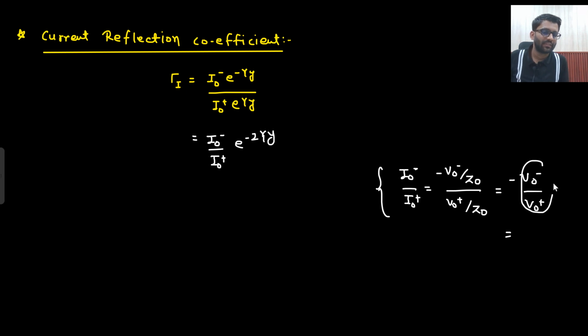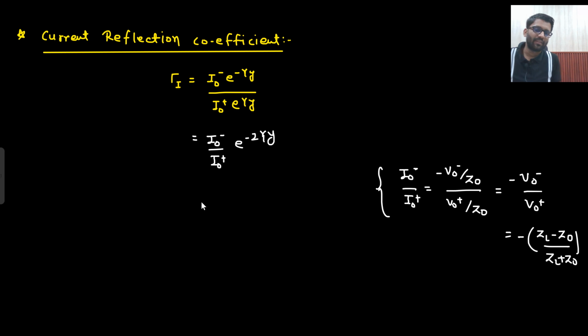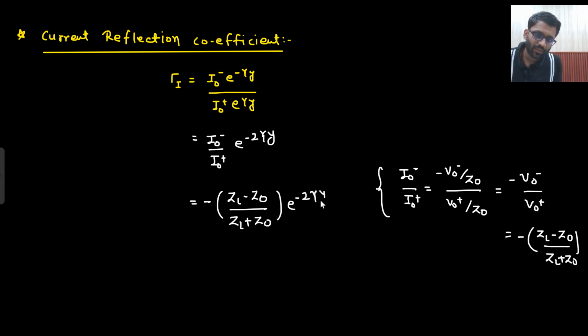This is ZL minus Z0 upon ZL plus Z0. Basically the same thing I am going to put here. So I0 minus divided by I0 plus is equal to minus of ZL minus Z0 upon ZL plus Z0 e to the power minus 2 gamma y, and that is equal to your gamma I.